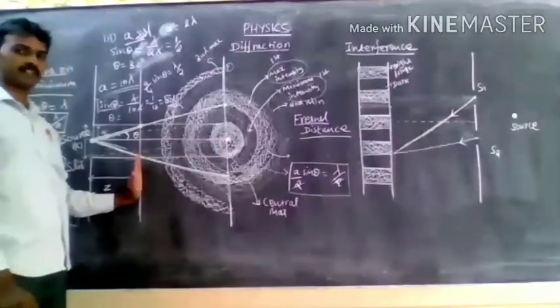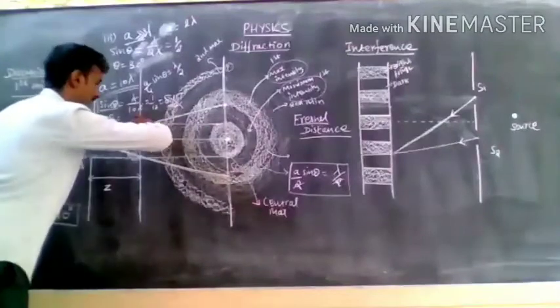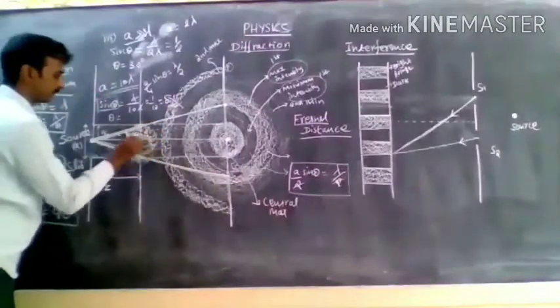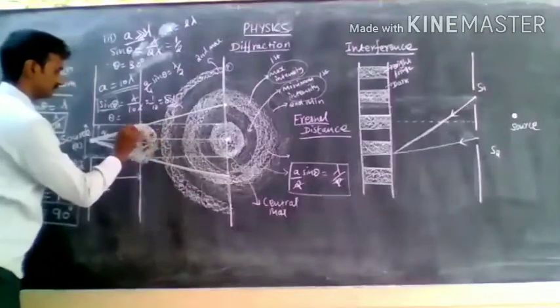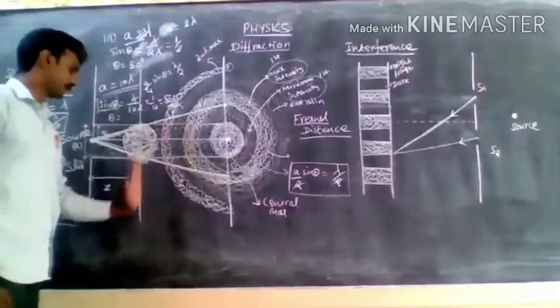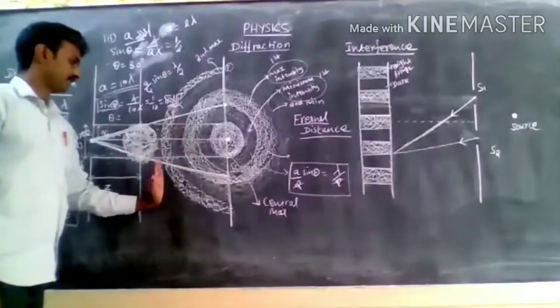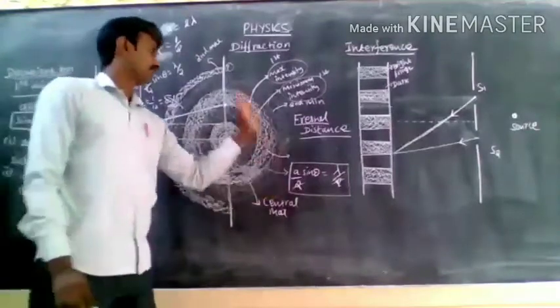Before that, the full part of the screen appears as only a bright spot. Suppose you move the screen away from this position, the diffraction pattern slightly appears like this.